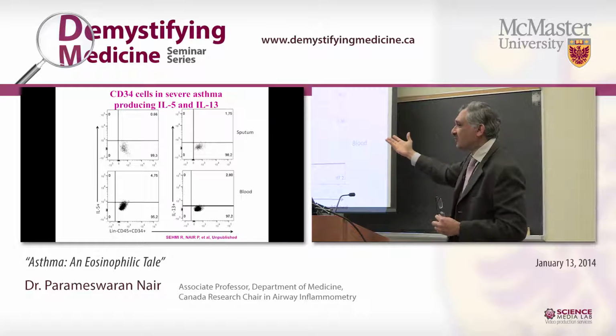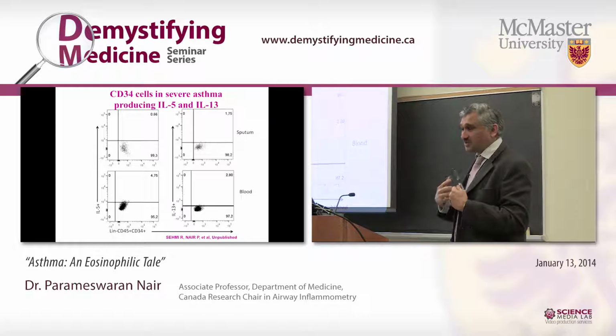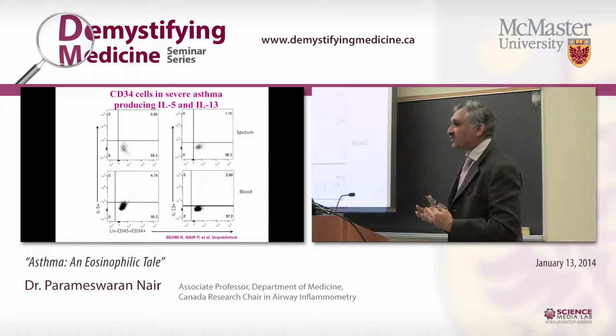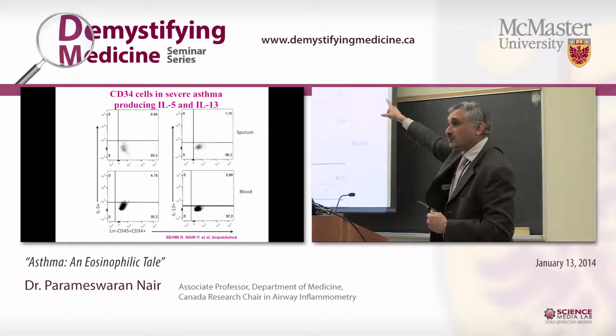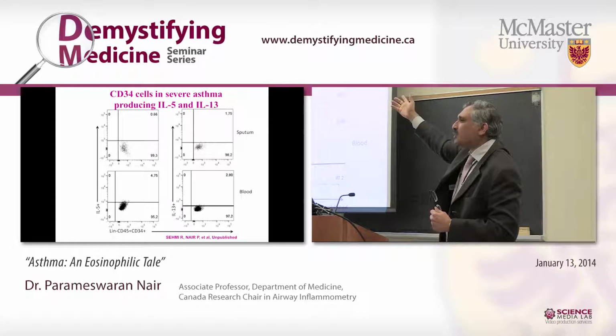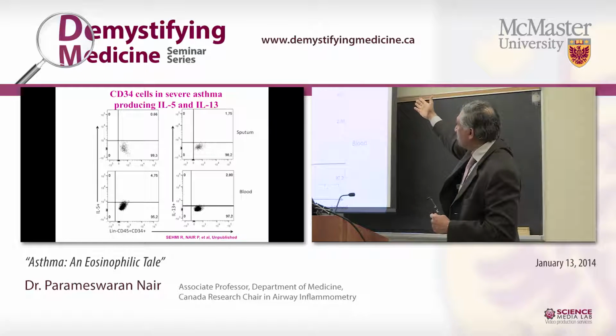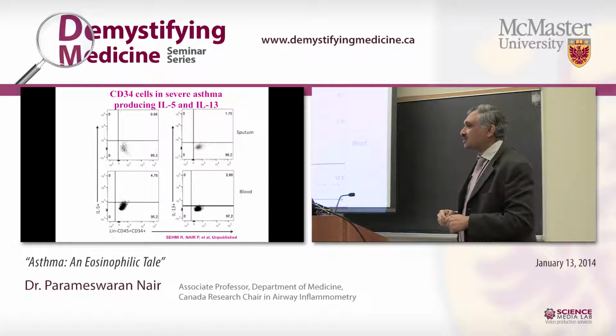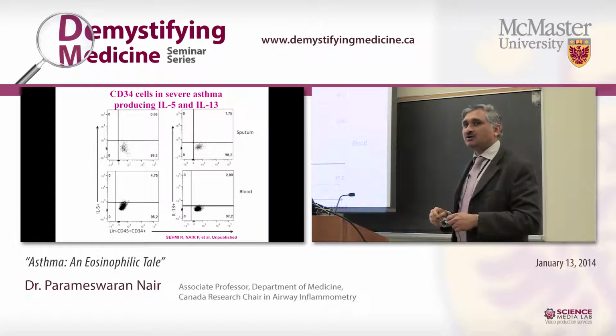So our hypothesis is that there's a lot of these cells already in sputum, and therefore they would be able to produce IL5, and you don't need to recruit from blood. But the numbers are very small, but more than in healthy or mild patients. Only about 0.61% of cells are immature cells producing IL5, and only 1% of immature cells, 2% producing another key cytokine called interleukin-13.